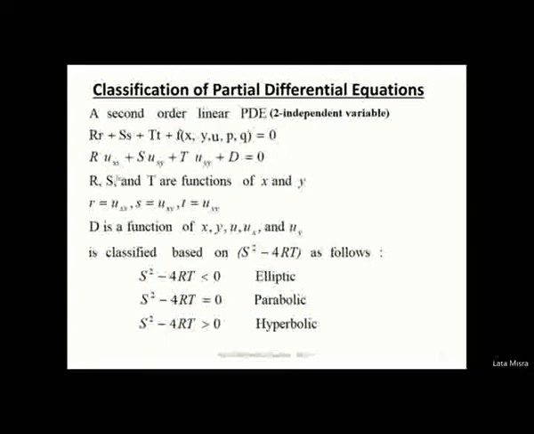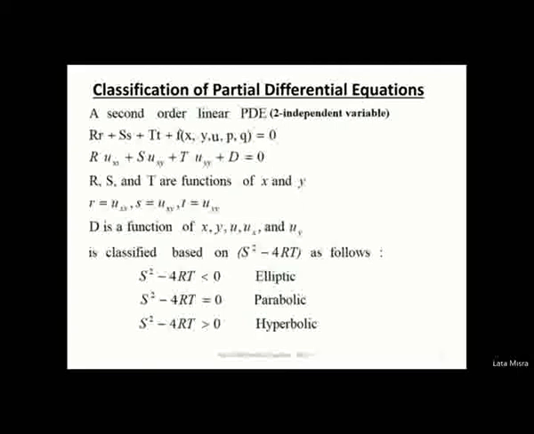We know that small r is ∂²u/∂x², small s is ∂²u/∂x∂y, and t is ∂²u/∂y². x, y are independent variables, u is the dependent variable, p is ∂u/∂x, q is ∂u/∂y, and capital R, S and T are functions of x and y.